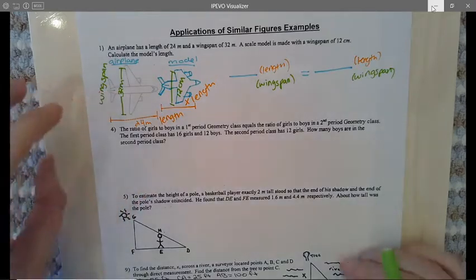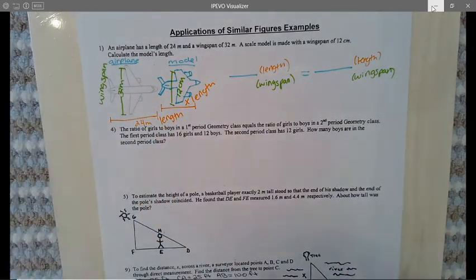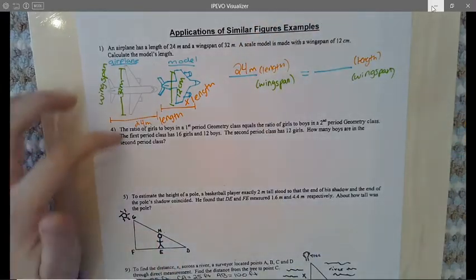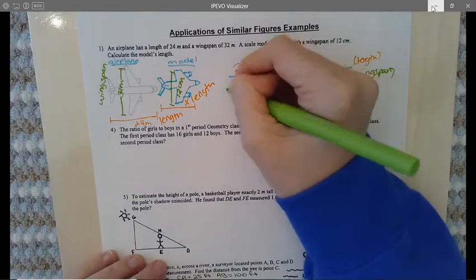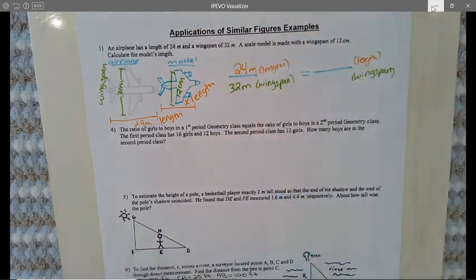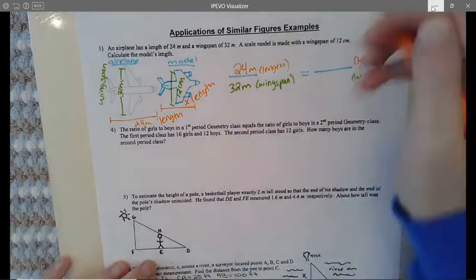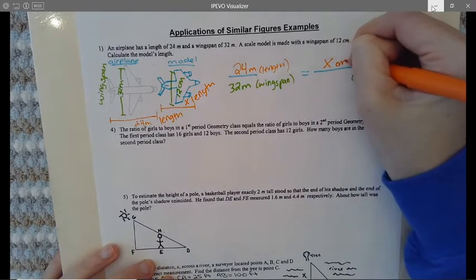Let's look at our actual airplane. My length of my actual airplane is 24 meters, and the wingspan is 32 meters. On my model, I don't know the length, so I'm going to put an X for the length, and technically it's going to be in centimeters.